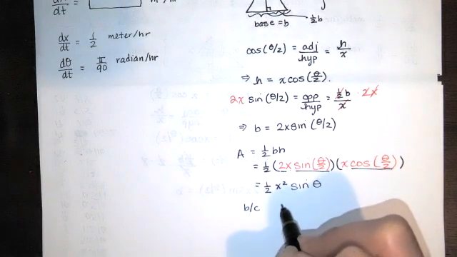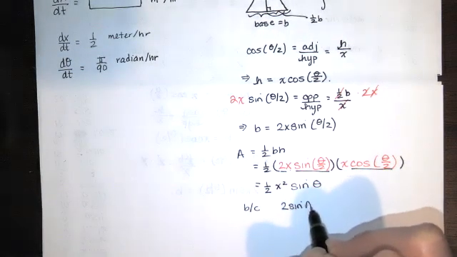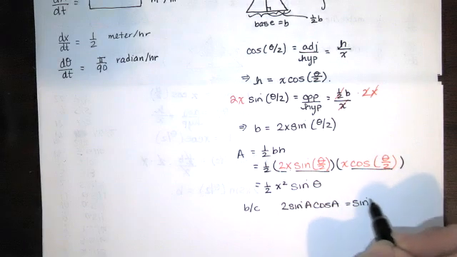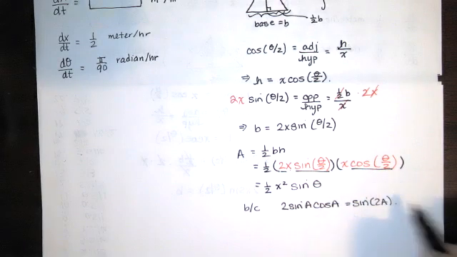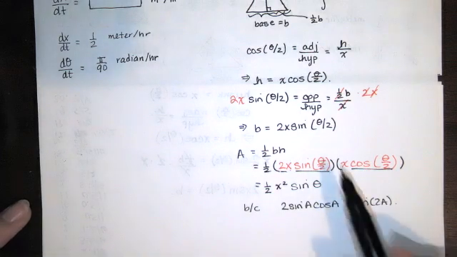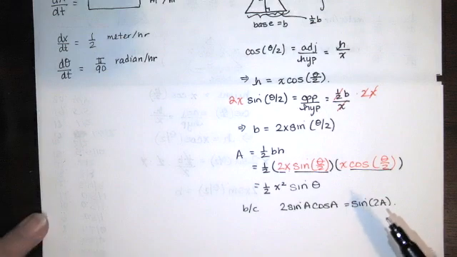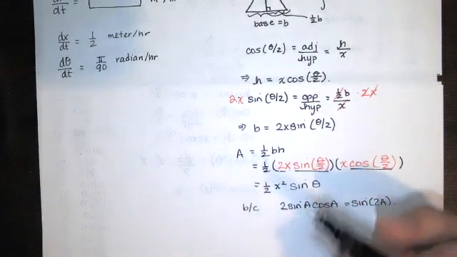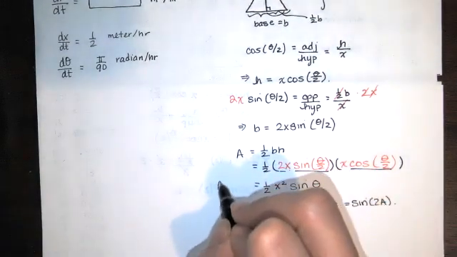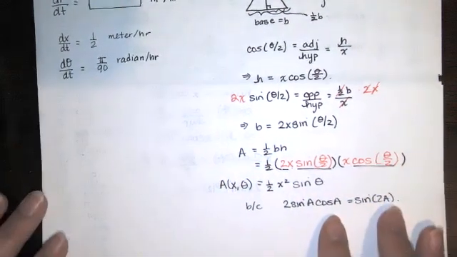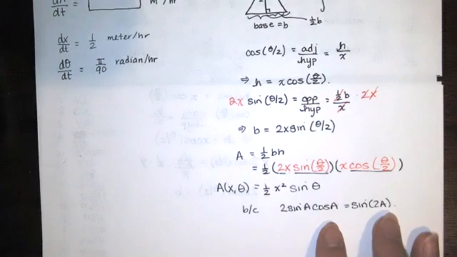And again, that's because 2 times sine of an angle times cosine of an angle is sine of double that angle. And in this case, my angle is theta divided by 2. Theta divided by 2 times 2 would just give me a theta. So here's my area as a function of x and theta. And that's how we start this problem.